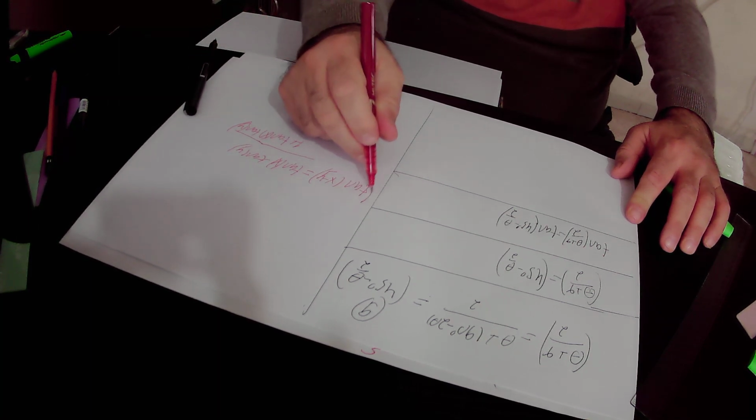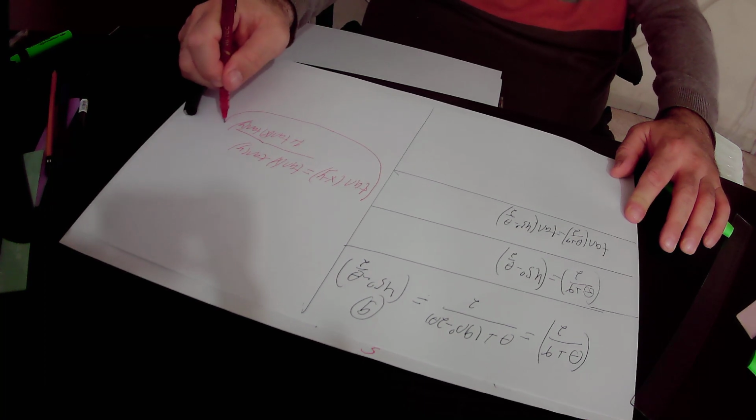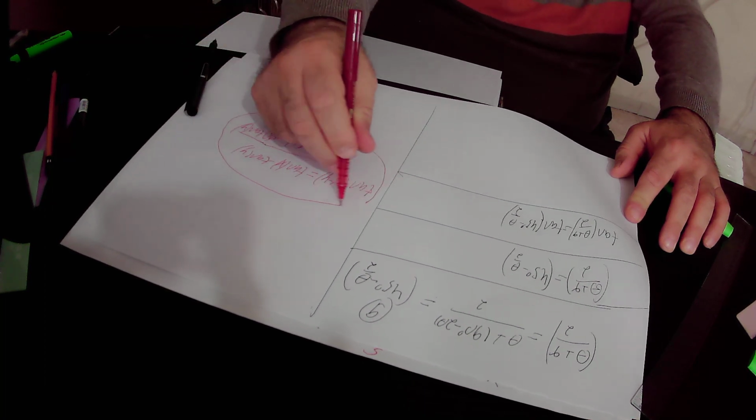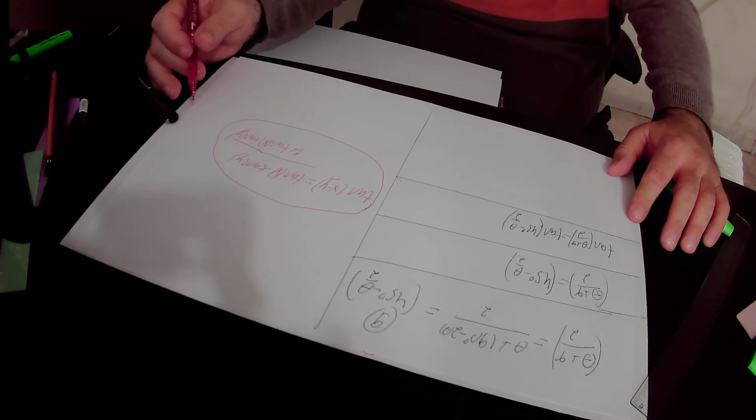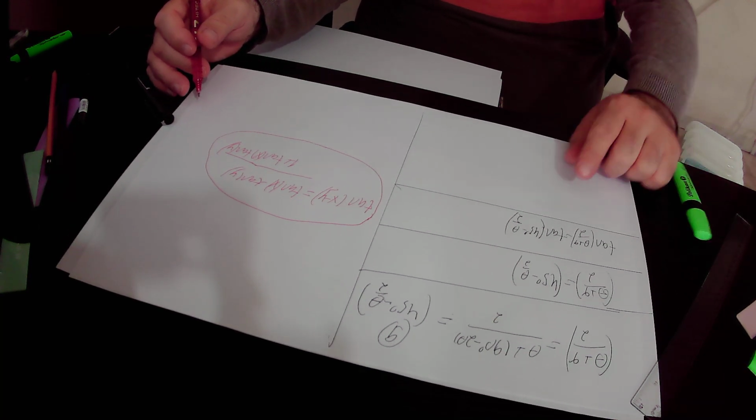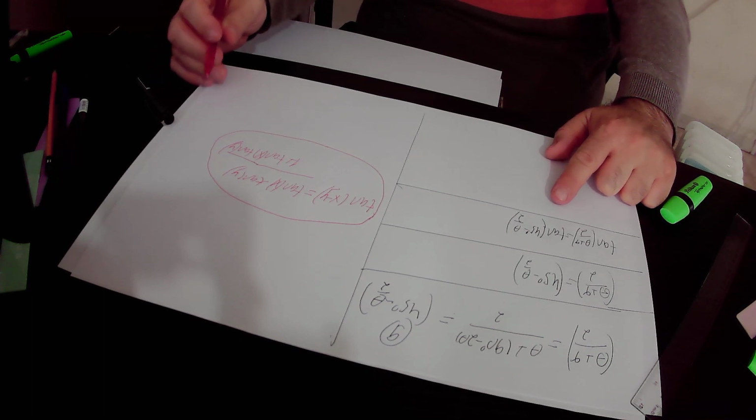Okay, we use this trigonometric identity, tangent of (x minus y) equals tangent x minus tangent y over 1 plus tangent x times tangent y, in order to find out the value of tangent of 45 degrees minus theta over 2.